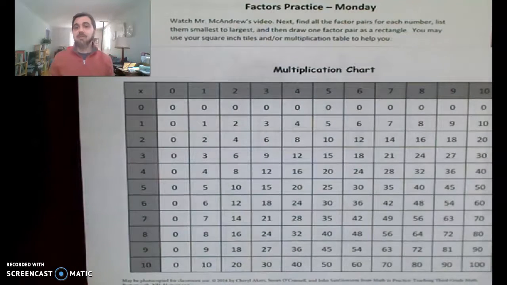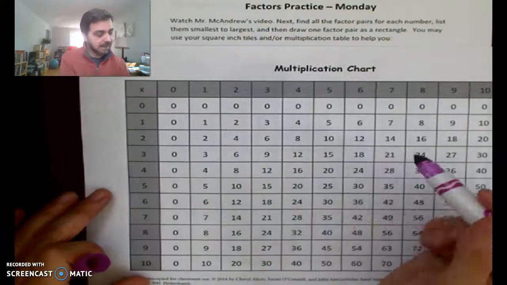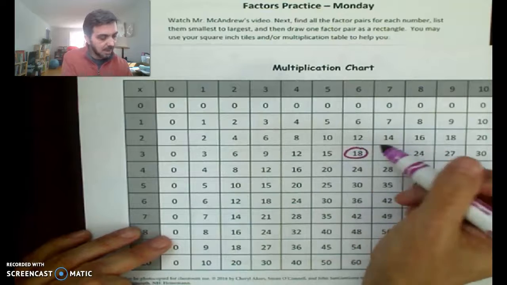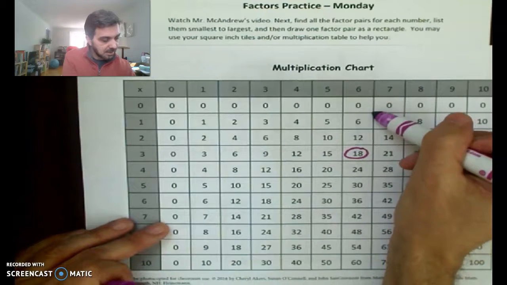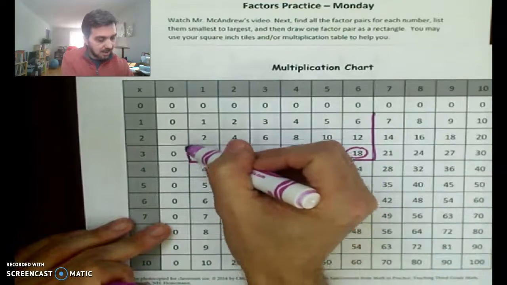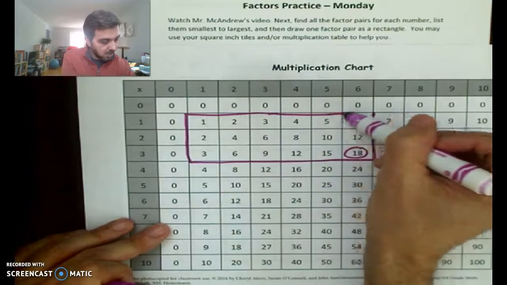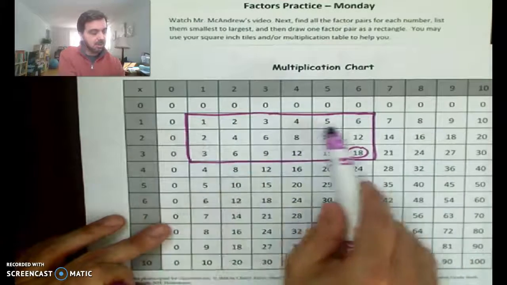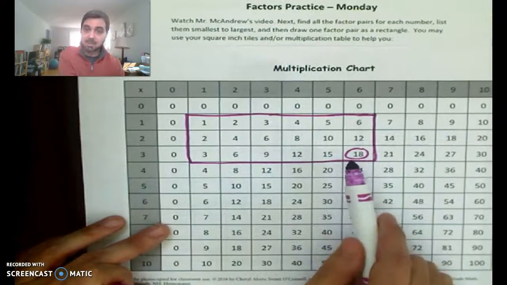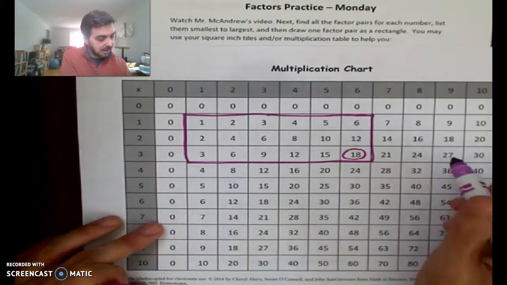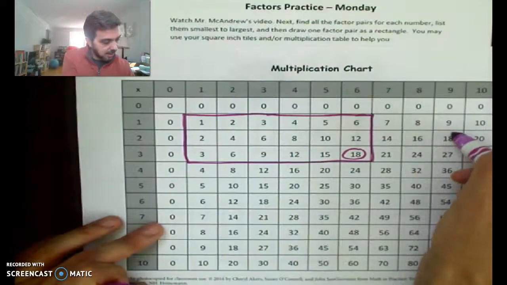Okay, so for example, if we're doing 18, I can look for 18. Now, look right here. There's an 18 right here. Okay. Now, interestingly, look at this. Watch this. If I outline the rectangle that's in there, you can see that there's 3 rows of 6. 3 times 6. Okay? There's also an 18 right here.